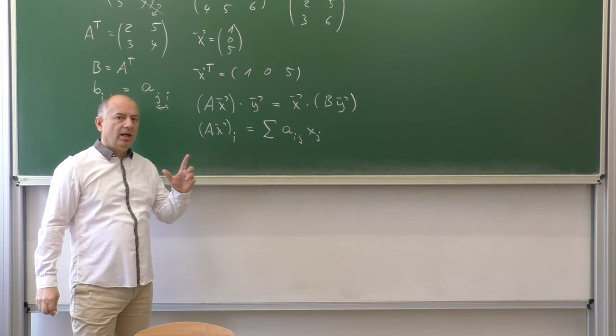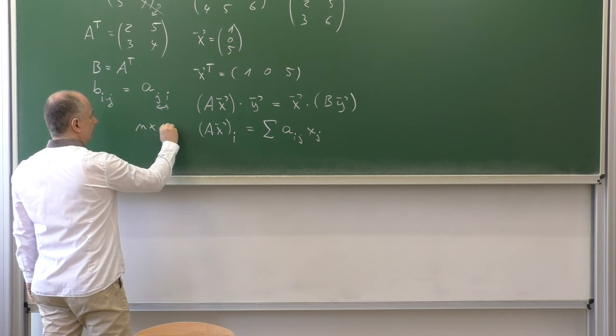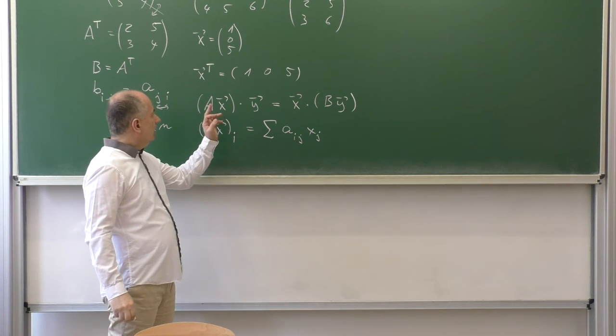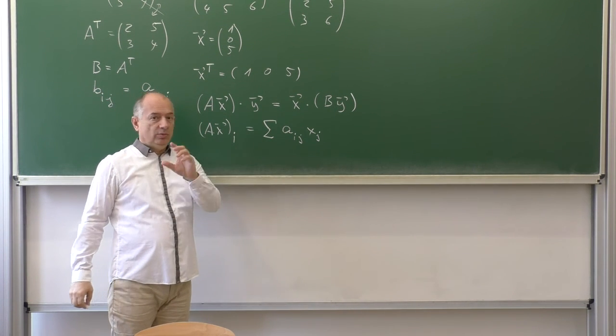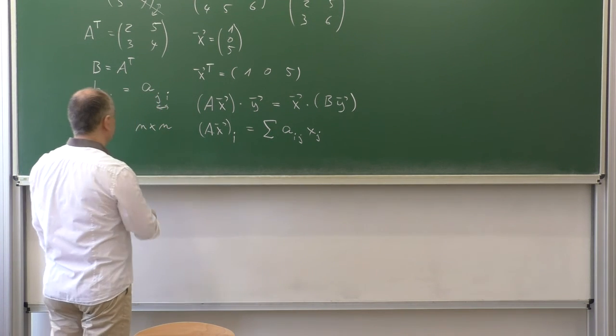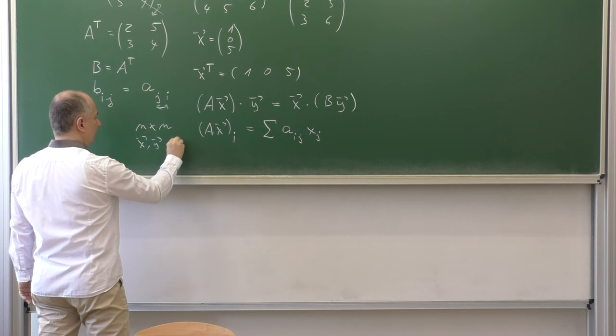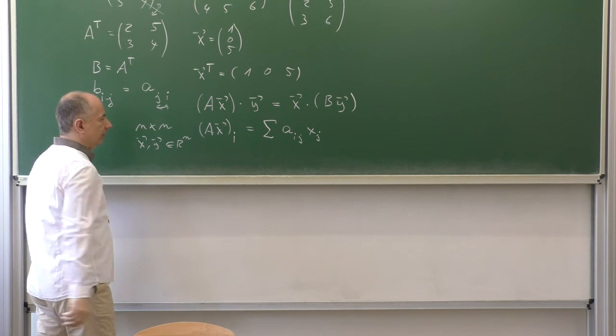And let's start with a square matrix. Let's start with the n by n matrix. So all the matrices will be n by n, and all the vectors will have n components. So x and y will be two vectors from R^n.